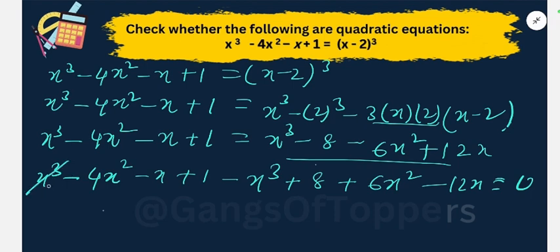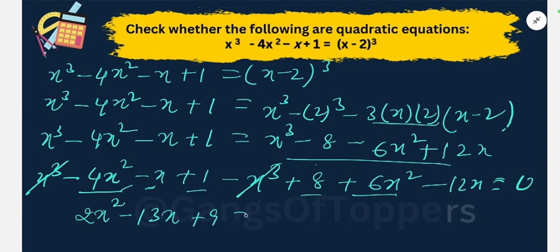Now plus x cube and minus x cube will cancel, and minus 4x square plus 6x square will become 2x square, and minus x and minus 12x become minus 13x, and 1 plus 8 become 9 equals 0.